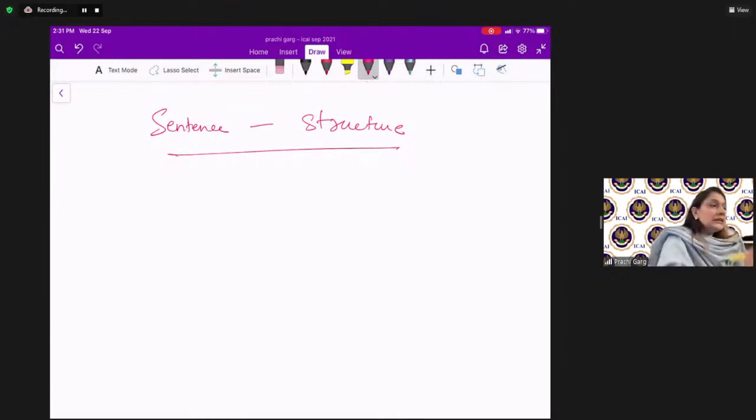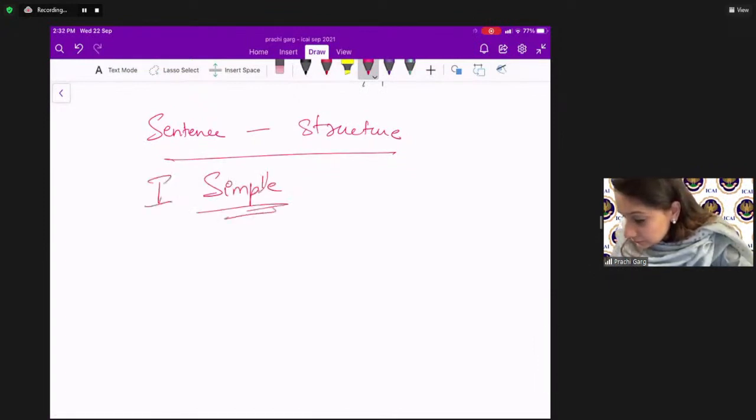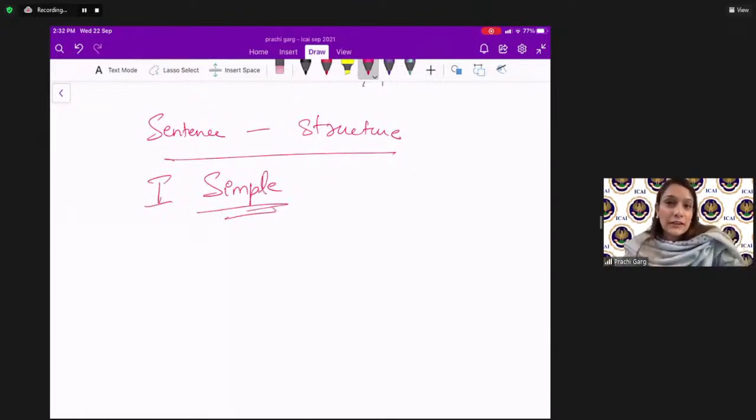Okay, let's start with the first one, which is the simple sentence. As the name suggests, it's simple, right? I always like to connect the things with the names because that makes it easier for you to remember.